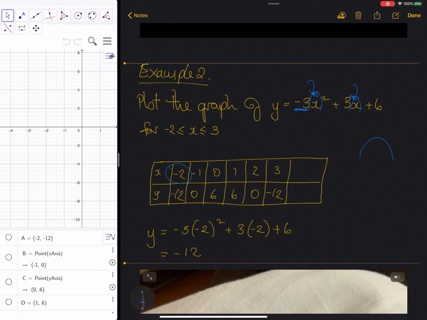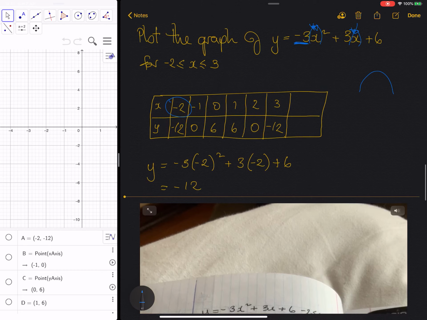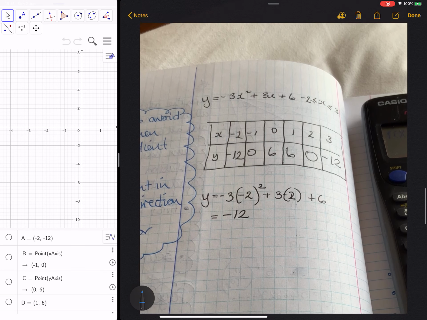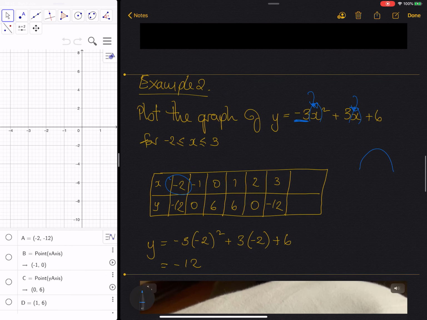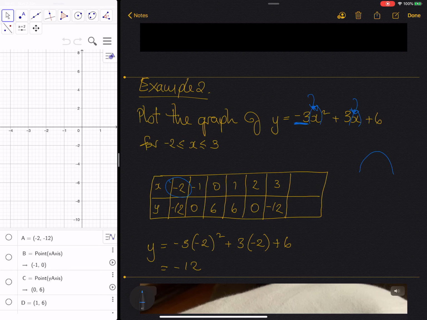Okay, so we have minus 3 brackets minus 2 close brackets all squared plus 3 open your brackets minus 2 close your brackets plus 6, and then you work that all out, and in this particular case this would be equal to minus 12. And again, I'm just going to show you how you can do this on your calculator. What in actual fact I'm going to do, I'm going to show you the two ways.